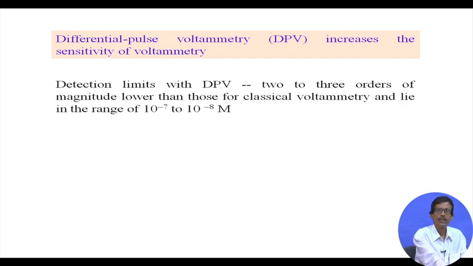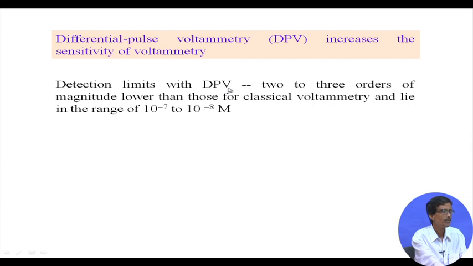And what about the detection? Since sensitivity is high, the detection limit is also very high, so 2 to 3 orders of magnitude. When we mostly do cyclic voltammetric measurements, we start from 10 to the minus 3 molar solution for the basic one, then we go down by 10 times dilution to 10 to the minus 4 to 10 to the minus 5 molar solution.